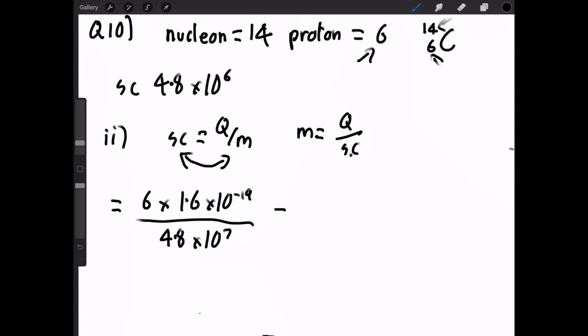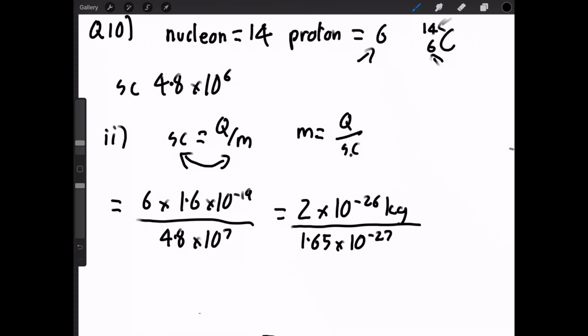So I do that, and that gives me an answer of 2 times 10 to the power minus 26. That's in kilograms. That's the mass of the nucleus, approximately. If I want to work out the number of nucleons in there, number of protons and neutrons, I divide that by the average mass of a proton or neutron, 1.65 times 10 to the power minus 27.